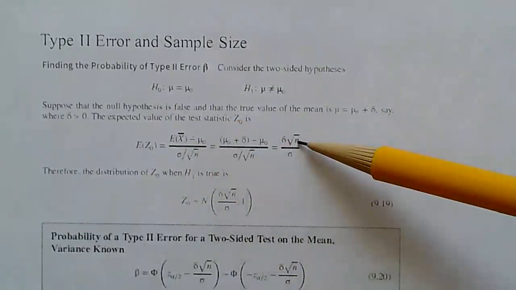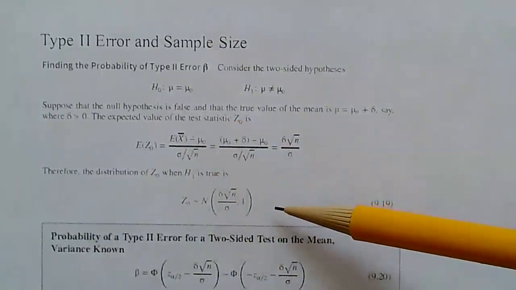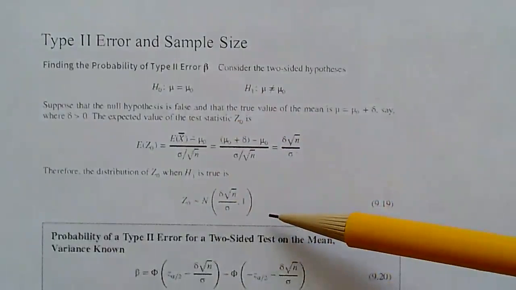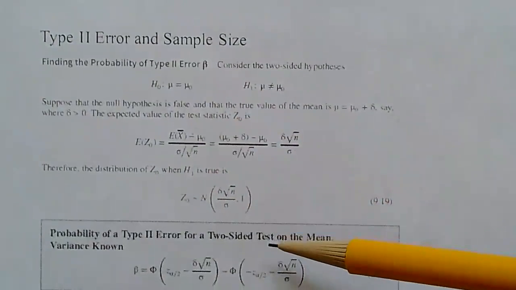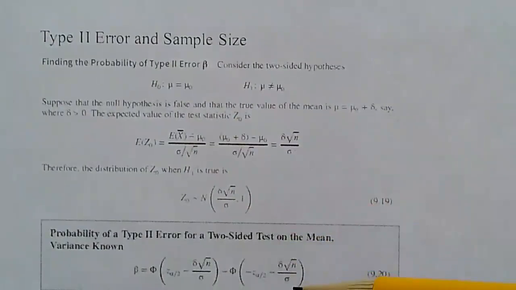And if you multiply that by the square root of n and divide by the standard deviation, that's the expected value, which means we can calculate our sample size based on a desired distribution, and we can adjust our confidence levels so that we know how many samples are required to get the power of the test that we want.